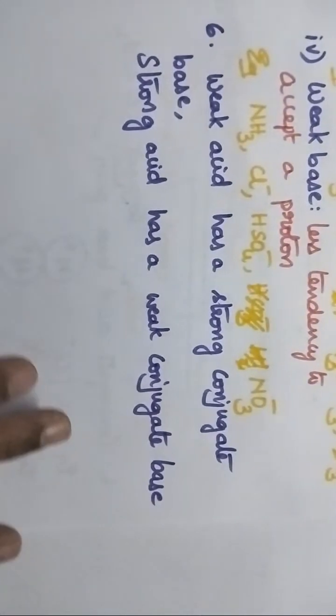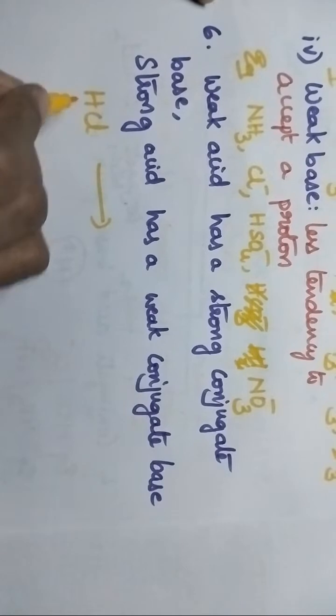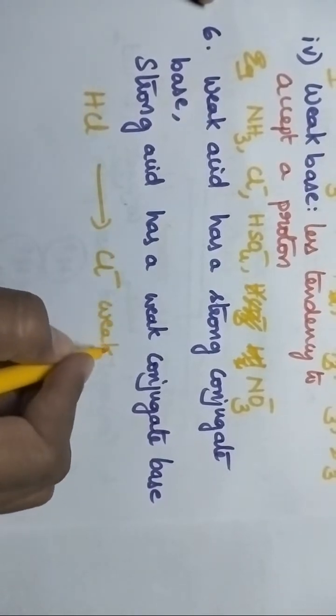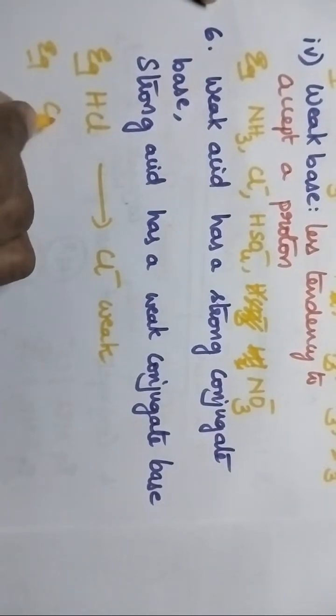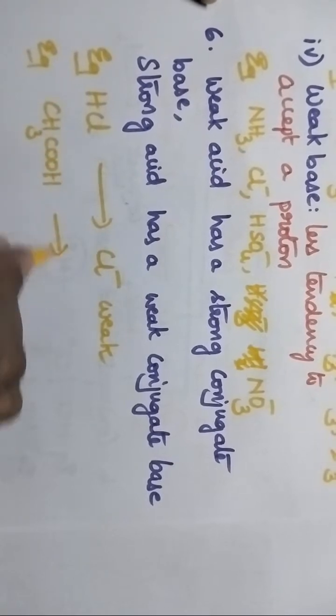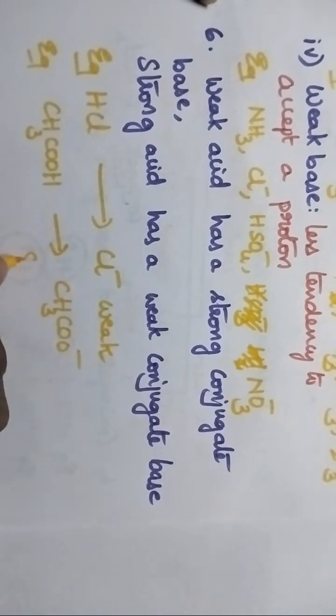That means if we consider HCl, it is a strong acid. So, its conjugate base is always weak in nature. And moving to the weak acid, that is CH3COOH, it always gives a strong conjugate base.